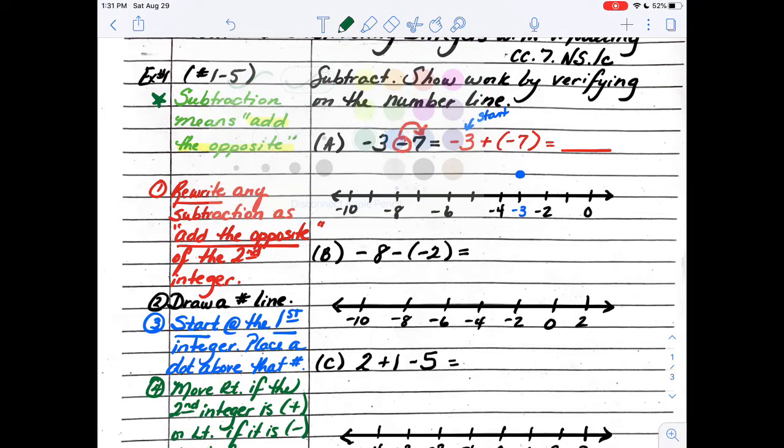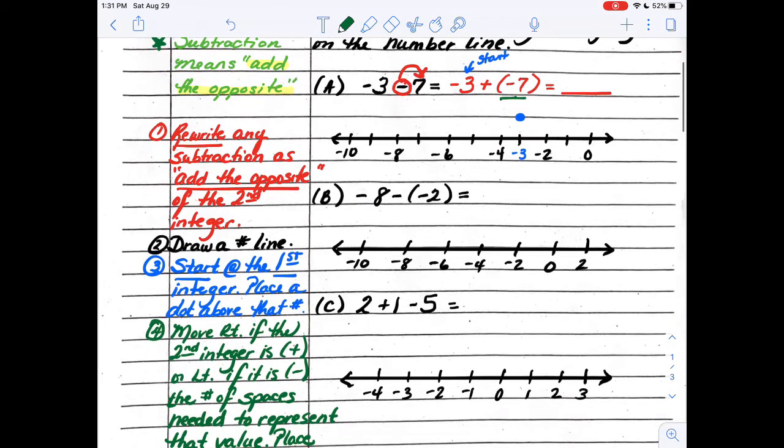Now that we've started, we're going to use our second integer to tell us the direction we're going to be moving. And it says right here in our steps that if that is a positive, we're going to move to the right if it is positive. But we will move left if it is negative. And we always do the number of spaces of that integer.